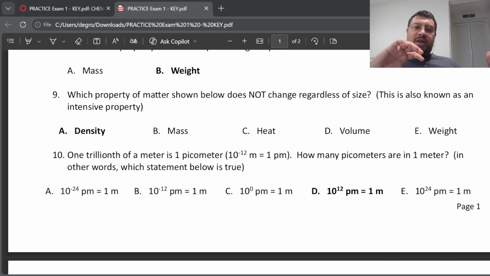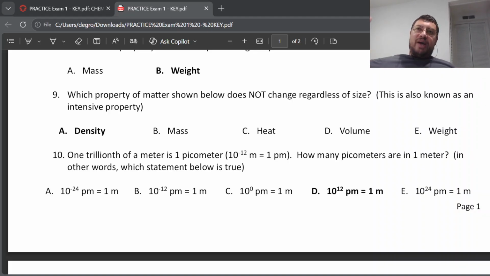So then for the question, I asked kind of the opposite statement: how many picometers are in 1 meter? Okay. I can make an analogy with centimeters. Oh, I wish I had a ruler on me, but let's say I had a meter stick actually. So a meter is about 3 feet. It's a little more than 3 feet, like 3 1/3 feet approximately.